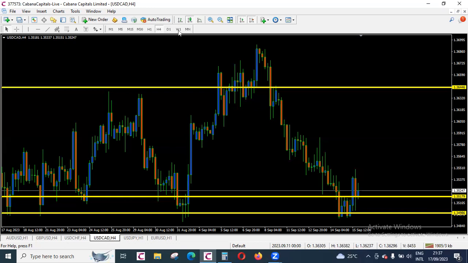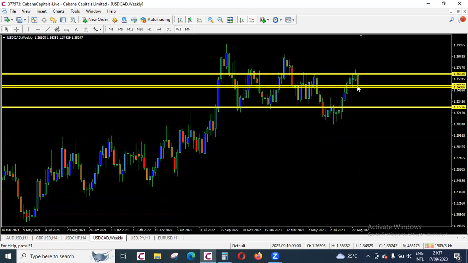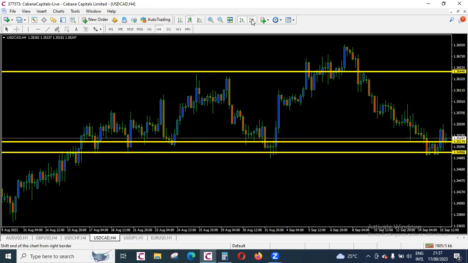It means that the weekly setup is going to play out. If there is a breakout from that support, then the weekly setup is going to play out, and this will be the next target. Okay, so we should wait for breakouts from support.